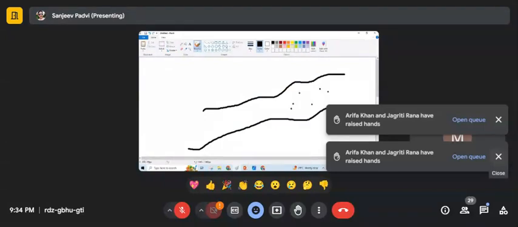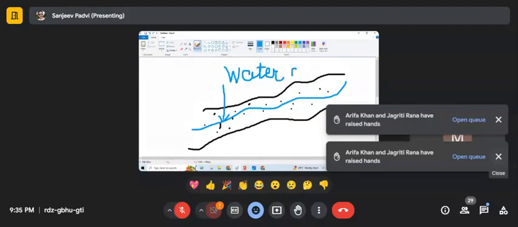For example, this is sediment in the river. These black dots are sediment, and inside this there is a blue line. When the blue line is inside the river, we call it a water channel. Understood, beta?